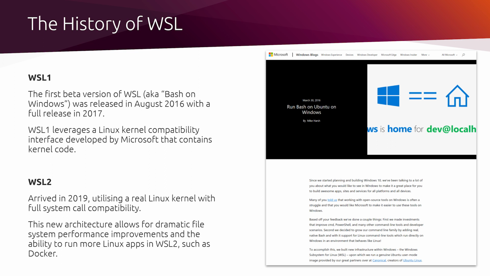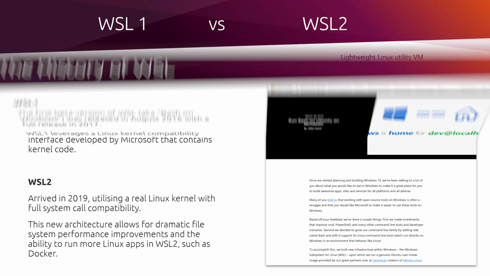So it was a compatibility layer between the Linux kernel and the Microsoft NT kernel. And there were some limitations there. So Microsoft entirely redesigned WSL and released it as WSL2 in 2019. In WSL2 we use a real kernel, so that fixes most of the issues we had with WSL1. It's a fully redesigned architecture, which brought a lot of improvements.